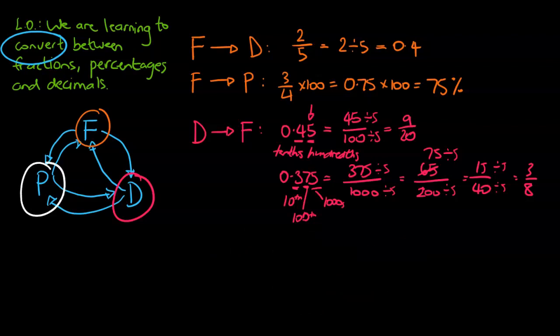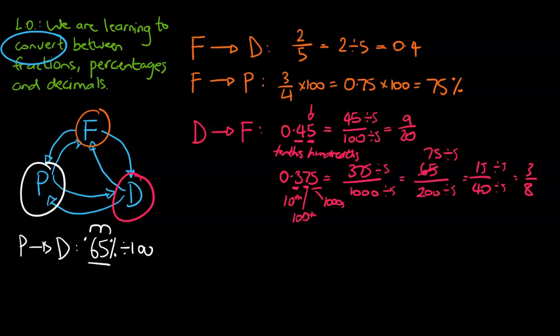We're now going to have a look at percentages, and we're going to start off with the easy one. How do we go from a percentage to a decimal? As an example, let's say we've got 65%. This time around, all we've got to do is divide it by 100, which is code for moving the decimal point back 2 spots.